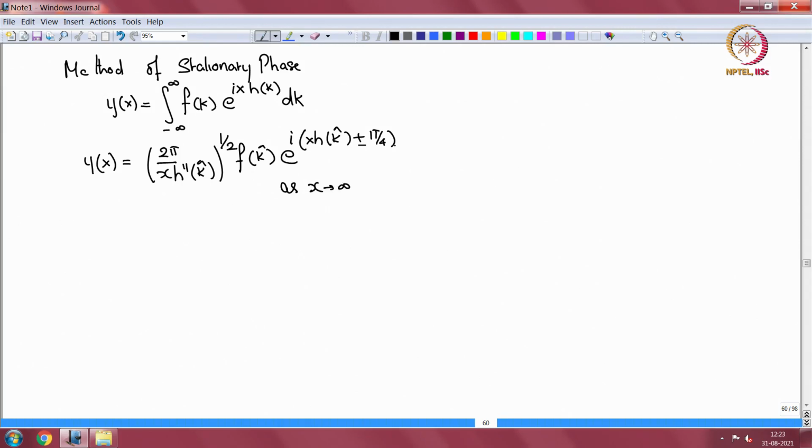Okay, so in this case here, my h double dash of k hat turned out to be minus 1 by k0 sine squared theta. So h double dash of k hat to the power half is given by i by k0 root sine theta.